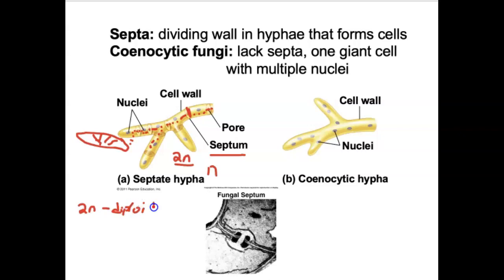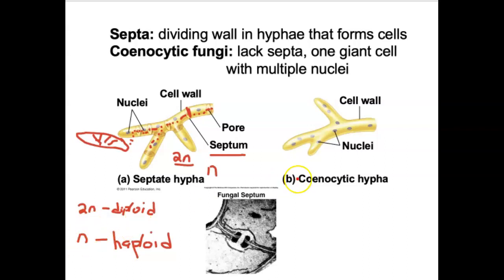Sorry guys, I can't draw this out real well. Diploid. Half the genetic material, haploid. And we represent genetically a diploid by 2N, a haploid with an N.